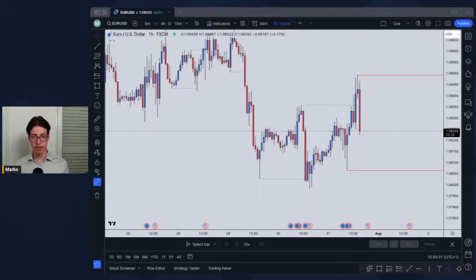Normal account is 1 to 100 leverage, but you cannot trade news and you cannot hold trades over the weekend. But with the swing account, which I use with FTMO, you can basically trade through news and you can hold trades over the weekend. That is the best scenario for me, but it is 1 to 30 leverage. So I can only take 3 trades of 1% risk at the same time.